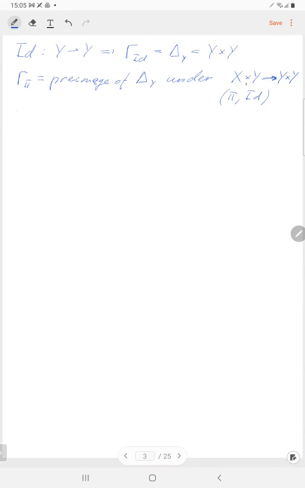Okay, so the key definition is that Y is a separable algebraic variety if the diagonal delta Y in its square is a closed subvariety.